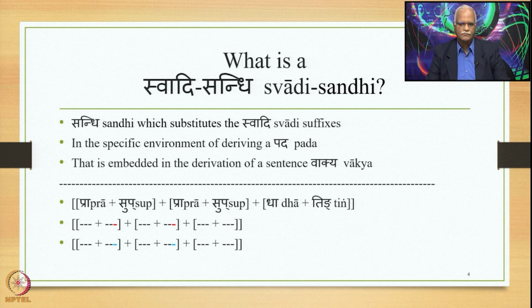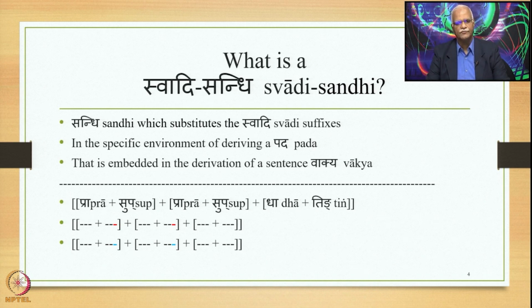So, the prakriti and the pratyaya, they make up a pada and the padas make up a sentence. As we have already seen, the definition of vakya is ekating vakyam. So, there has to be one ting at least in the padas, in the pratyayas. So, there is one pratyaya which is ting and the other pratyayas are sup.